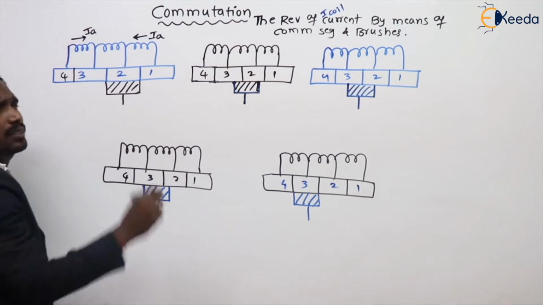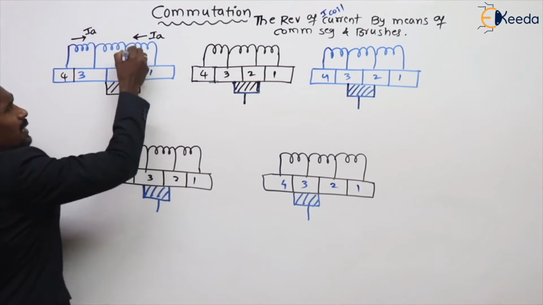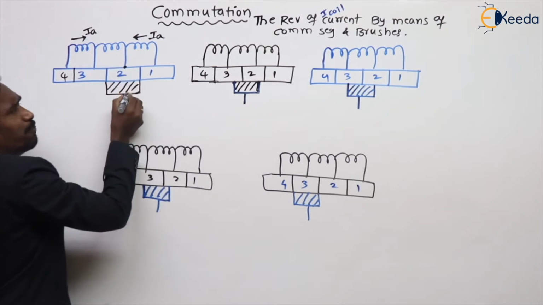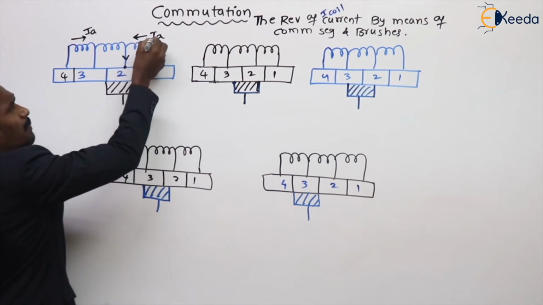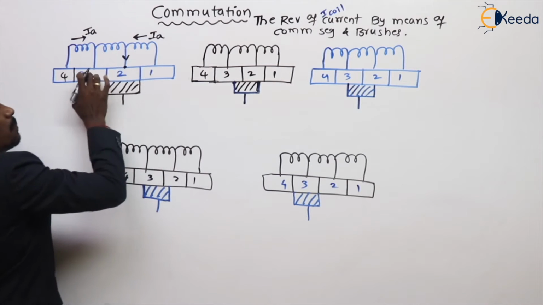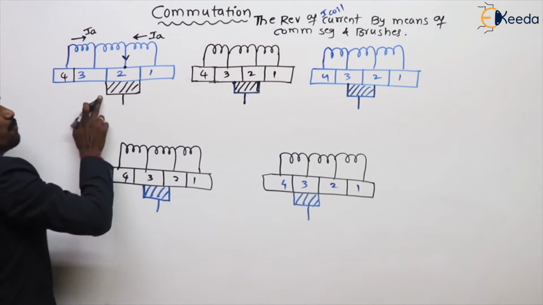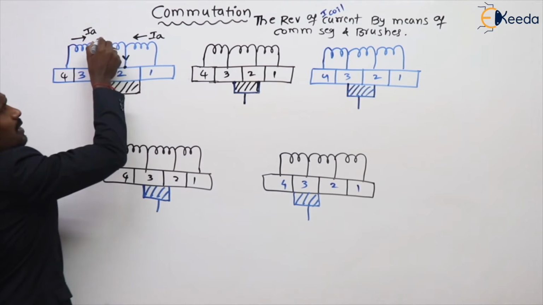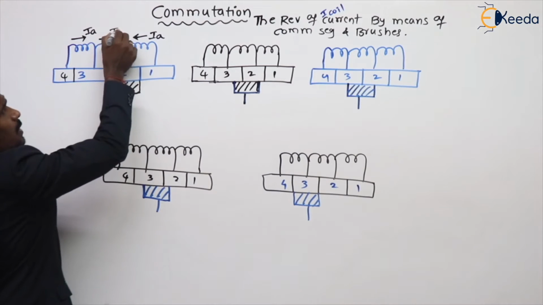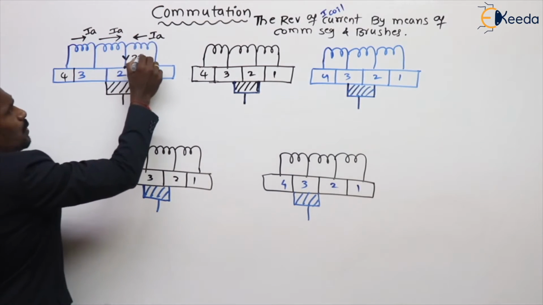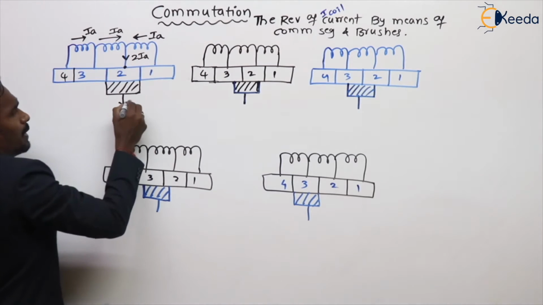So see here, for example, the armature coil current in this coil is IA, and in this coil also IA? Here the brush is in contact, that's why this armature current is collected here, but there is no brush contact here, that's why this armature current came here, and 2IA is collected by my brush.